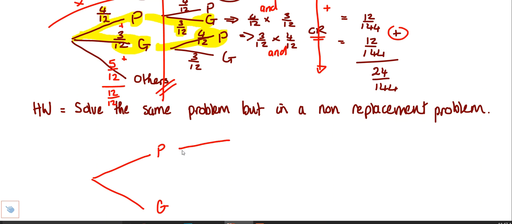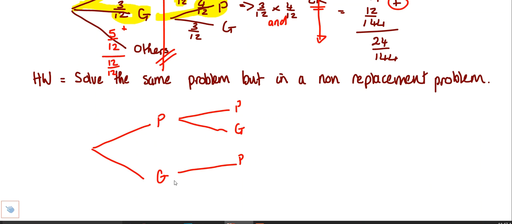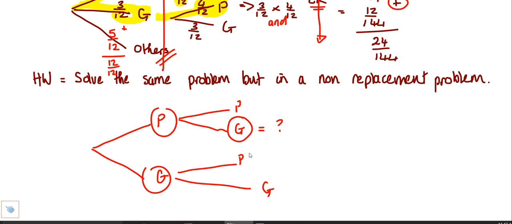And then obviously we go pink and green again. I don't need the pink because I only need pink followed by green, but just so I have a diagram. So the 2 routes I need are pink followed by green, so I want to know what that is, and green followed by pink, so I want to know what that is.